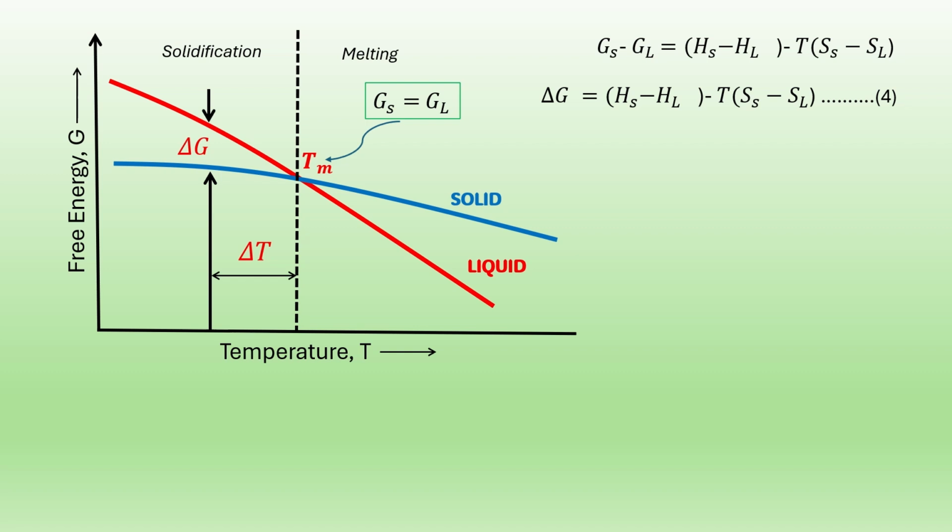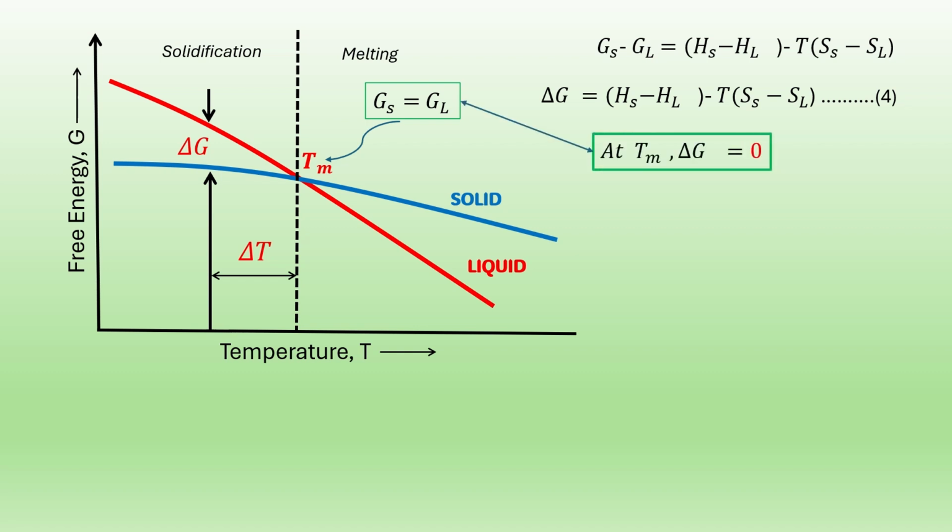At the melting point, even though G is equal for both phases, the enthalpy and entropy are not equal. A liquid always has higher enthalpy and higher entropy. So during melting, the material absorbs a certain amount of heat. This is called the enthalpy of fusion, denoted by delta Hm. Similarly, there is a change in entropy called entropy of fusion, denoted by delta Sm.